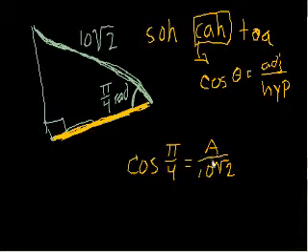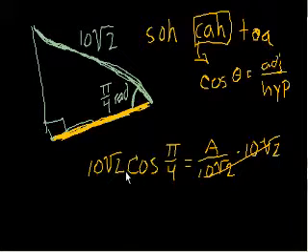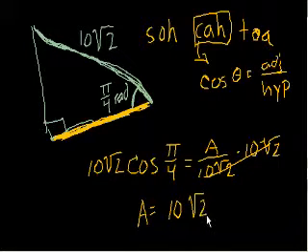So we can solve for A by multiplying both sides of this equation by 10 square roots of 2. These cancel out on one side, and you get A is equal to 10 square roots of 2 times the cosine of pi over 4.